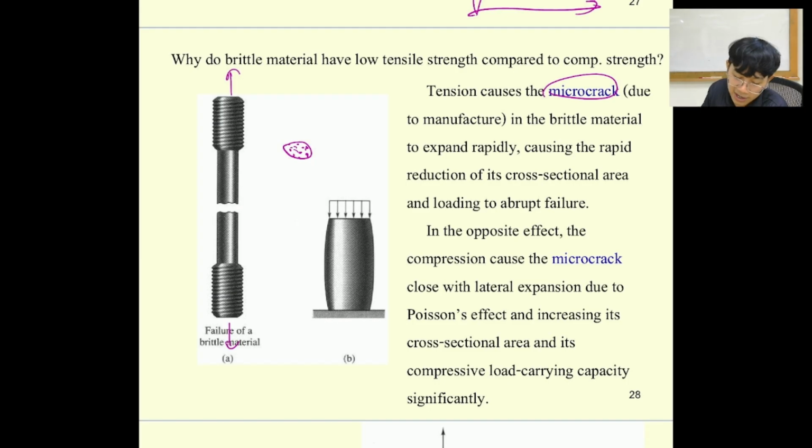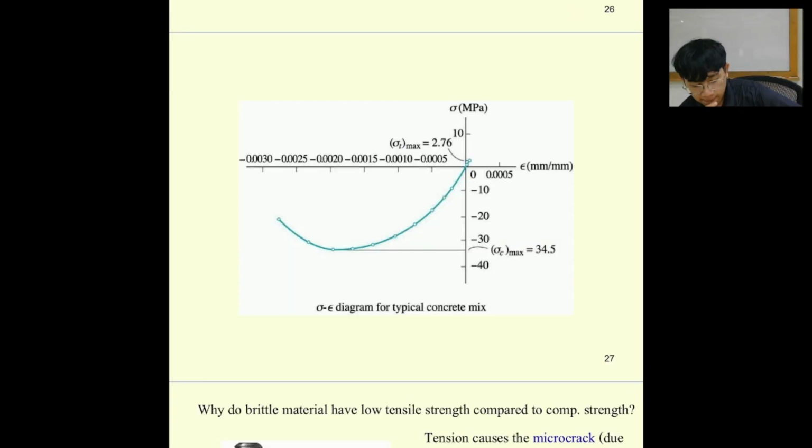When the micro cracks open, the tensile strength over here is going to be really small. Okay, but if you compress it like this, the micro cracks get closed to each other, which means it also provides you some Poisson effect, and then it provides you a really good compression strength.